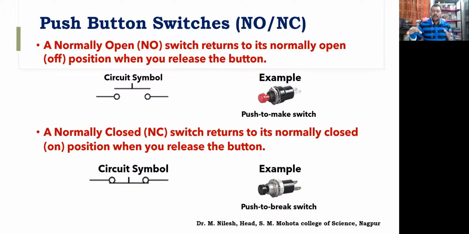So that then only the circuit is going to work, and it should come into the circuit. So these are some of the examples of those circuits, and these are some of the symbols that we are expecting you to write in your literature. So these are the push button switches, that is normally open and normally closed, right?